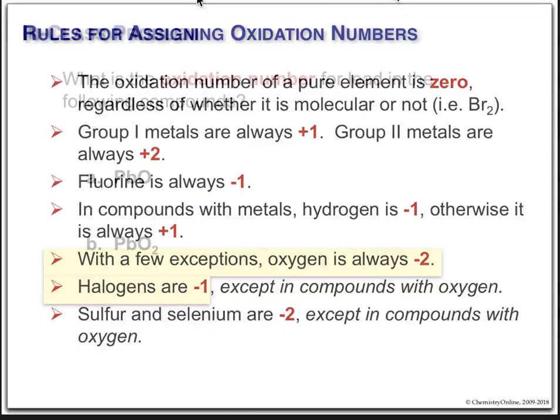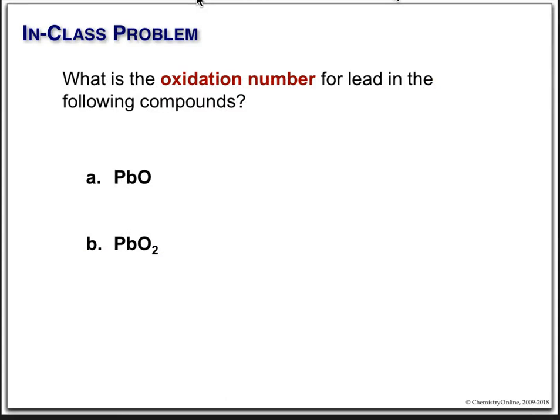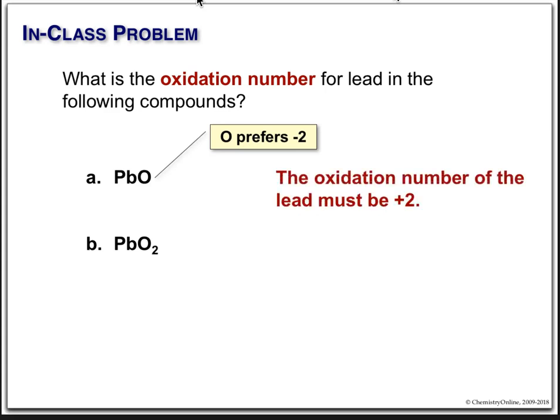So let's go back to our dilemma here. This is lead oxide, right? What's the charge on the lead? Well, if oxygen is always -2, for this to be neutral, lead must be +2.